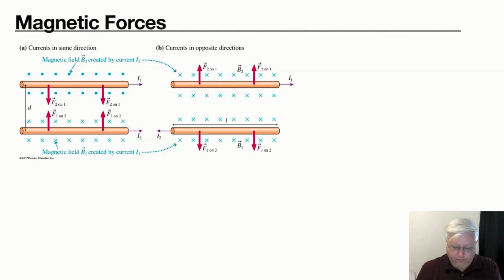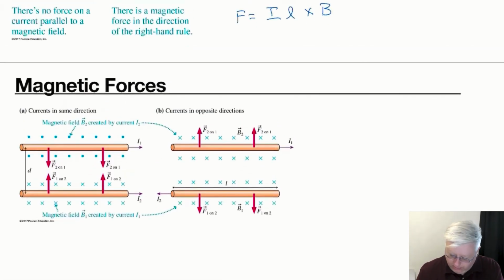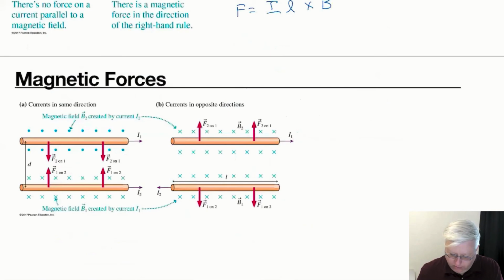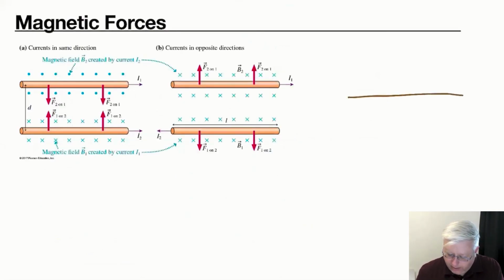We know that if we have a wire like this, and the current's going one way, the field is going to be into the screen on one side, but out of the screen on the other side.